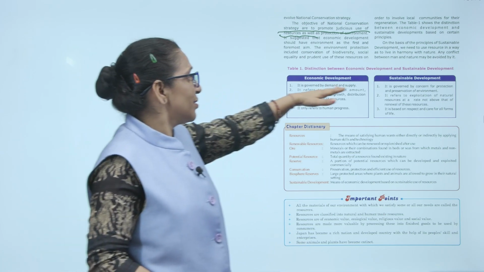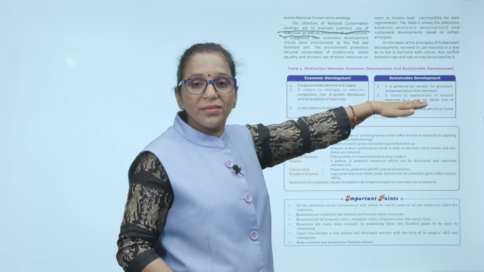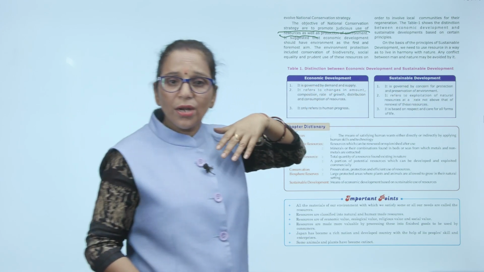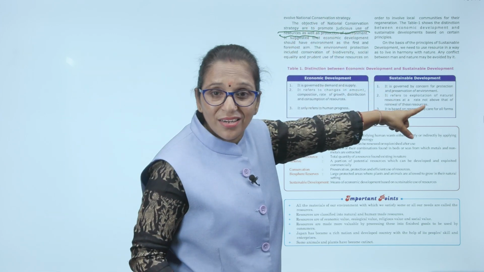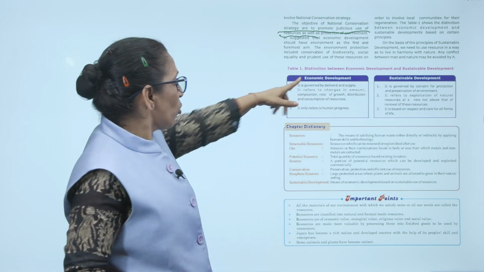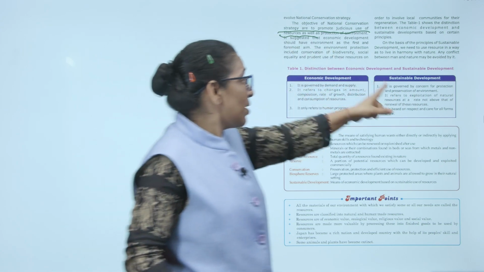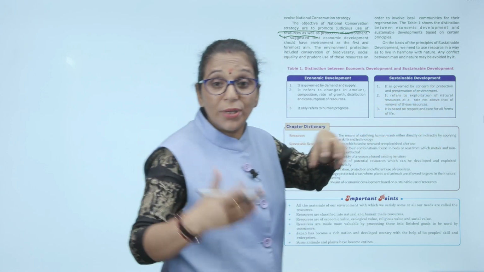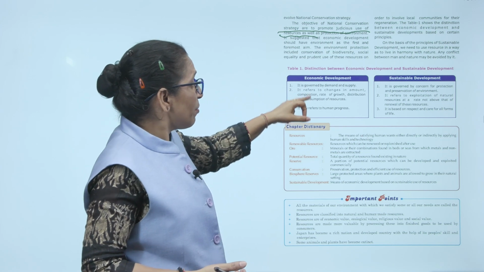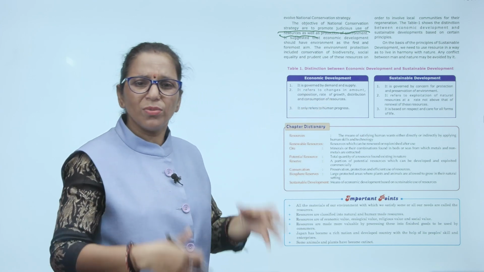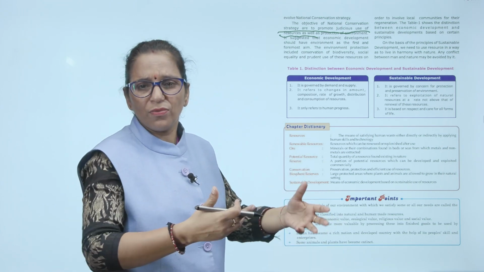Now see, you can see the table where the difference between economic development and sustainable development has been given. What we are doing is economic development, but the demand is that we have to do sustainable development. Number 1, economic development is governed by demand and supply only, but sustainable development is governed by the concern for protection and preservation of the environment. Number 2, economic development refers to change in amount and composition and rate of growth, progress, distribution, consumption of resources.